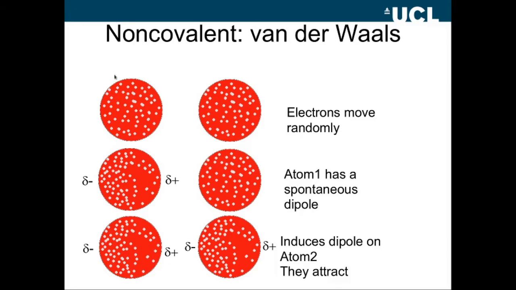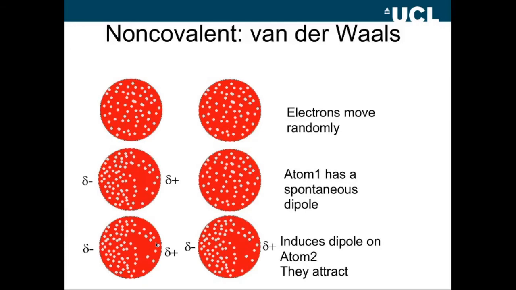So what happens is, if you imagine these are two atoms at the top here, and the electrons are moving around randomly. At some instance in time, you can imagine that atom 1 happens to have its electrons all spending more time over on the left here than they are on the right. And that means that there is a spontaneous dipole where we have more electrons on this side, and therefore a partial negative charge on this side and a partial positive charge on this side.